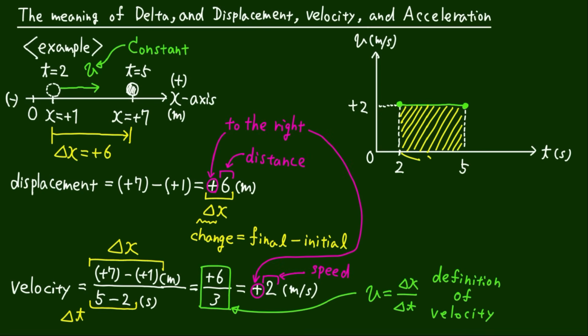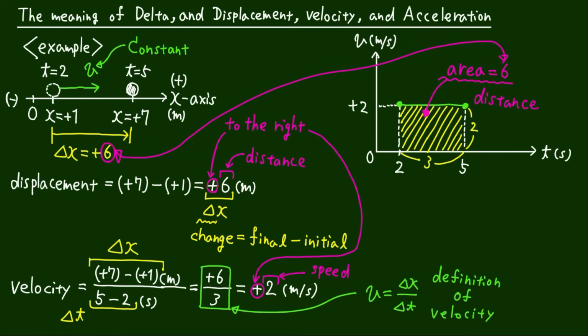Where this length is 3 and this length is 2, it becomes 2 multiplied by 3 equals 6. In other words, we have found that the area enclosed by this vt graph and the horizontal axis actually represents this distance. Is that clear? By considering the area of the vt graph in this way, we now understand that we can determine the distance.